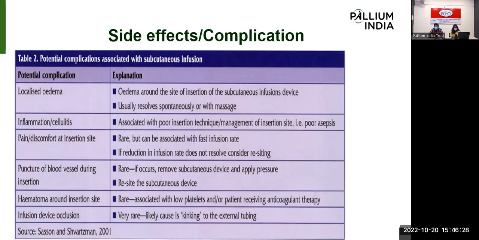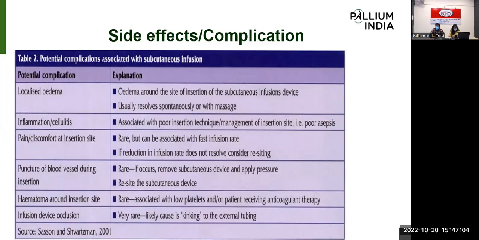Then puncturing of a blood vessel during the insertion. If we maintain a 45 to 60 degree angle while pricking on that area, there is no chance of pricking the blood vessels. But in some cases, after fixing the set or needle, while the patient does their own activity, they may hit that area, maybe on a corner of the wall or the door.